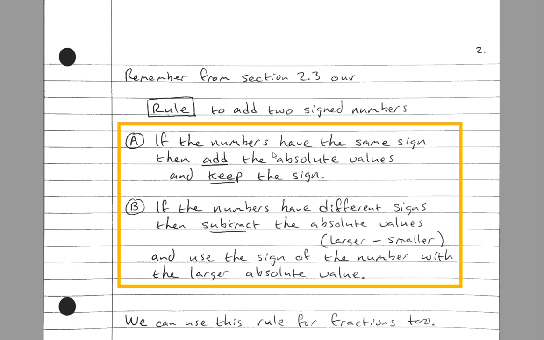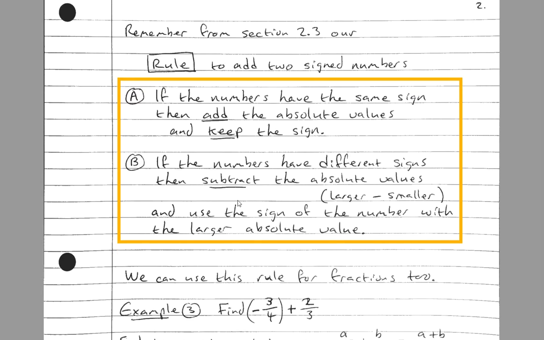So if you add two positives, it'll be positive. If you add two negatives, the answer will be negative. If you're adding two numbers with different signs, so one positive and one negative, then you subtract the absolute values and use the sign of the number with the larger absolute value.